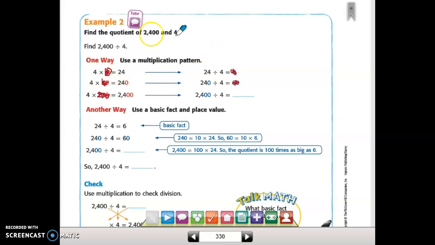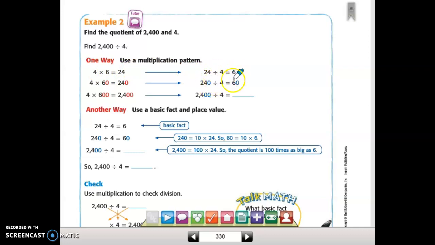Well, you can count by 4s, which I've just done right here, 4, 8, 12, 16, 20, 24. And since I counted by 4s and I actually got to the exact number 24, I can see that that's 1, 2, 3, 4, 5, 6, which is what they had in the problem to begin with. 4 times 6 is 24, so that means 24 divided by 4 is 6.